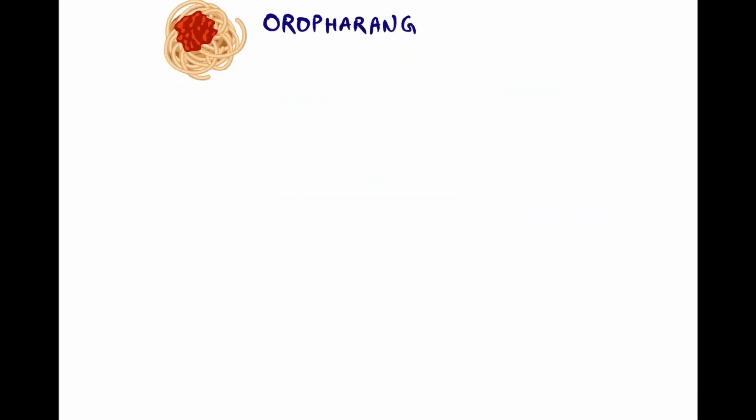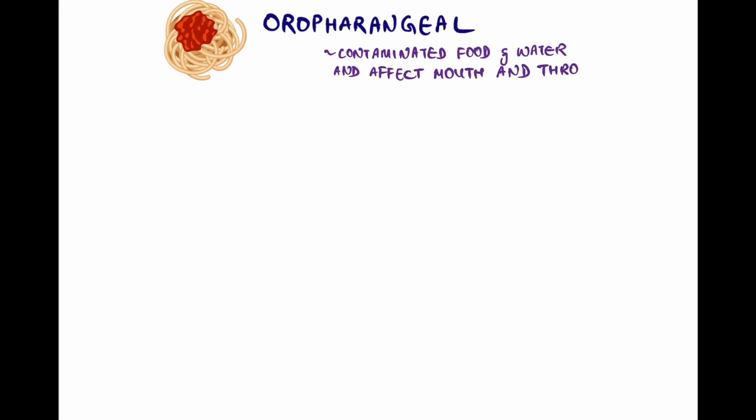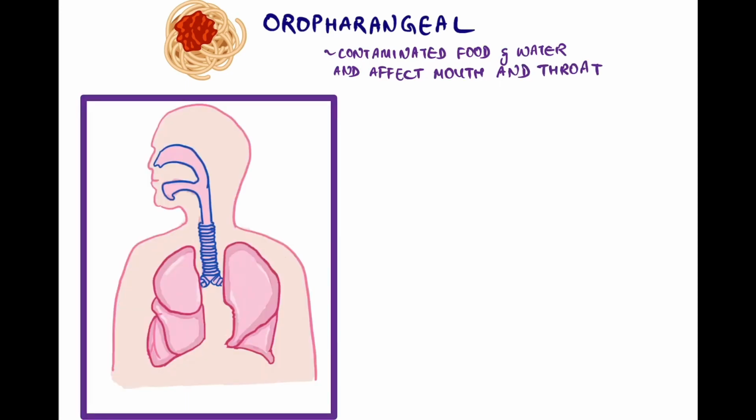Okay, so the next one is the oropharyngeal form. These are spread through contaminated food and water, mainly affecting your throat and mouth. So what is going to be affected? They affect the throat and mouth. In that diagram you can see there may be a throat problem like throat pain.